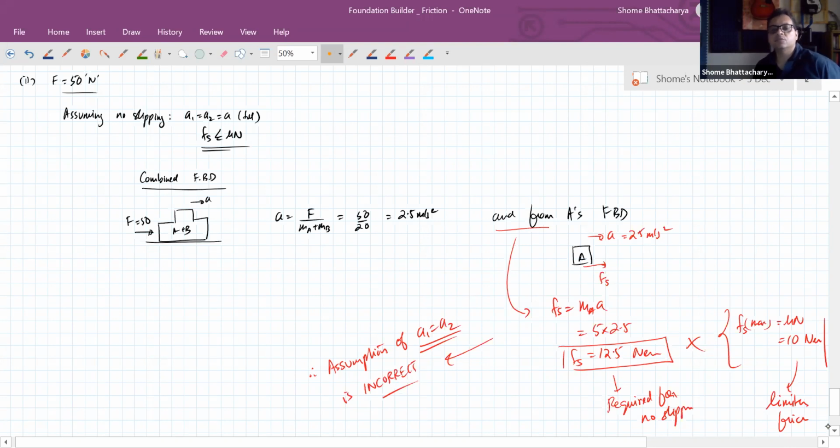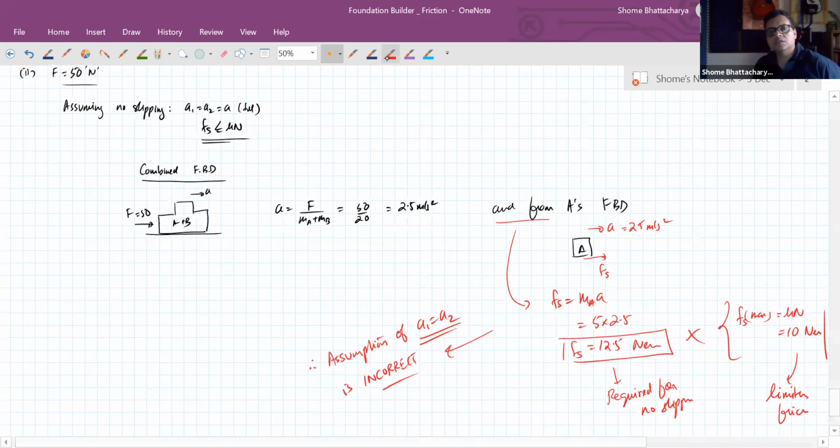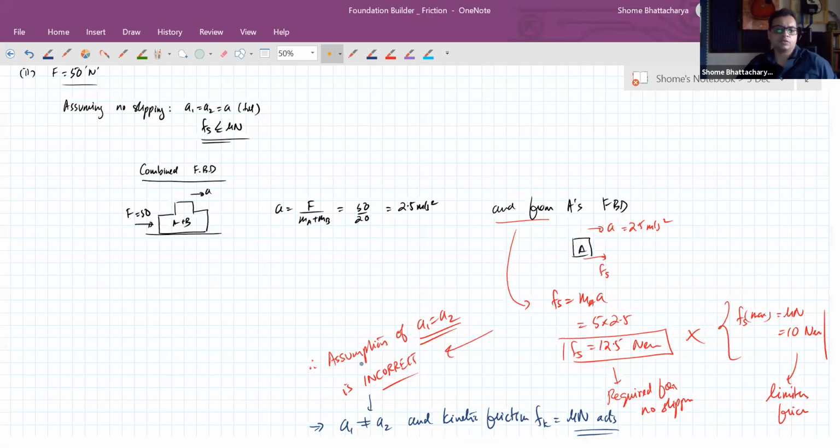If this assumption is incorrect, then this automatically implies that A1 will not be equal to A2, and kinetic friction Fk equals mu N acts. So we'll make new free body diagrams, and from those we'll understand the individual accelerations of the blocks. Just make a quick note of this part and make sure you understand up to the point where the assumption of common acceleration fails. Then we'll proceed ahead and see what to do when that assumption fails.